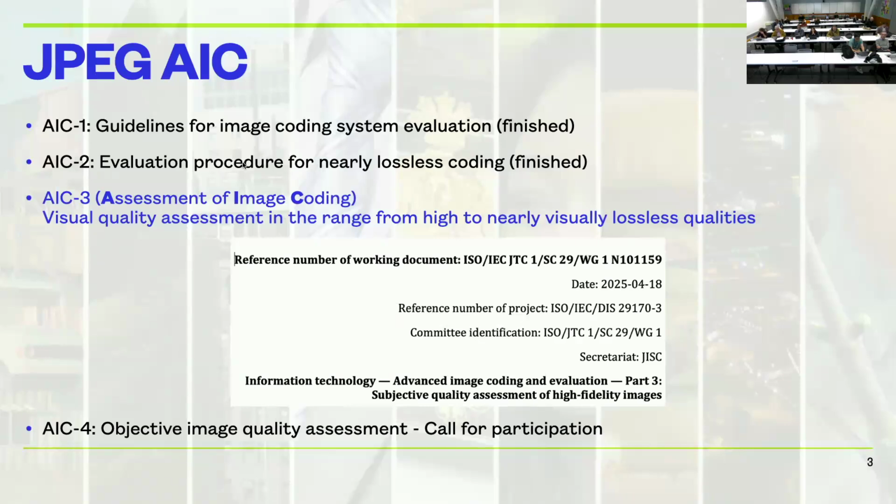The next stage would also be part 4 of AIC that has not been officially declared yet, but we are preparing it. Right now, there's a call for participation that was issued a couple of weeks ago at the 107th JPEG meeting in Brussels. So I would like to focus on AIC-3, explain what the standard is for, how it works, and then at the end, point you to AIC-4.